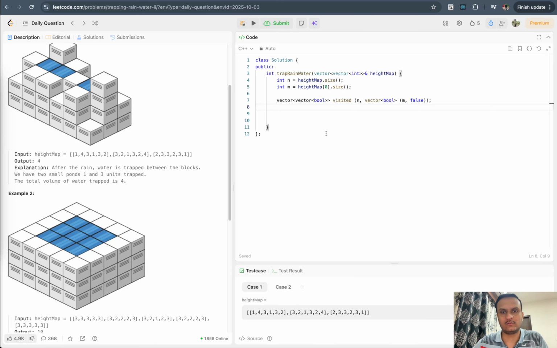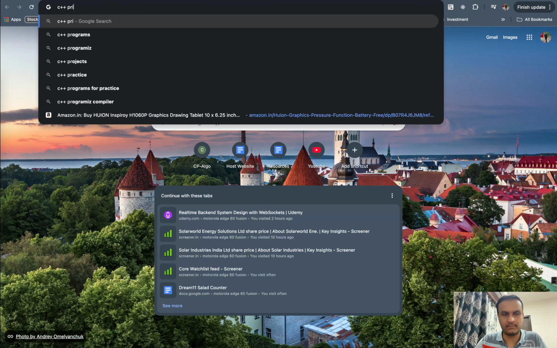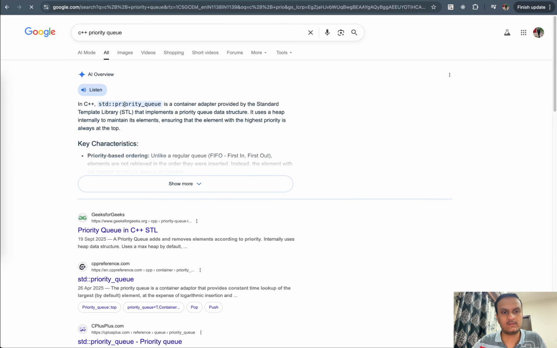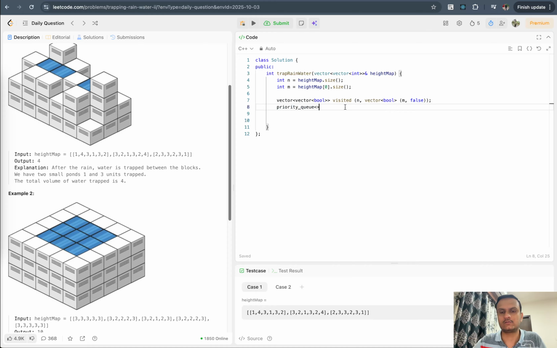So priority underscore queue. Let me see how to define a priority queue. Let's use std priority queue. It's correct. So what to keep in the priority queue? We have to keep the cell location i comma j and the element, because if I keep only the element, I don't know which cell I am currently at, so I have to keep three pieces of information here.